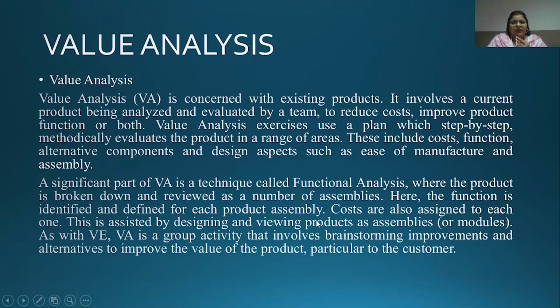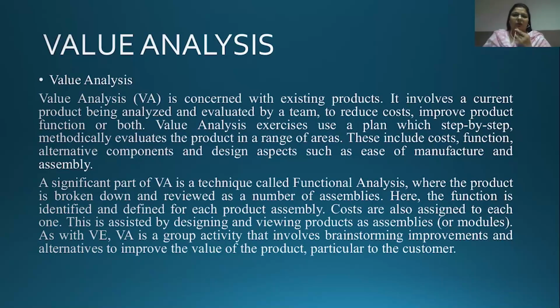Every assembly requires identification of its functions. Costs are also assigned to each one. As we know, a computer system is made up of different hardware, which we can assemble together to make a single computer system. Every particular part of this computer system has a different kind of cost.